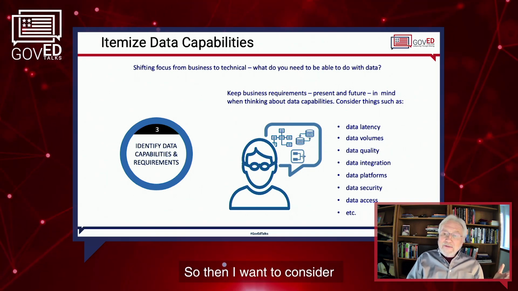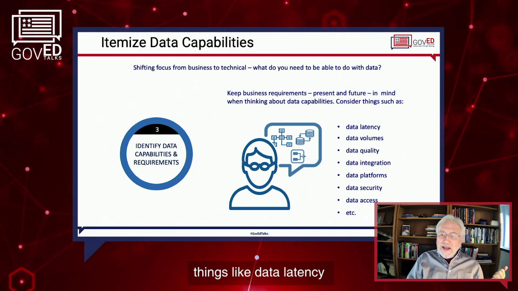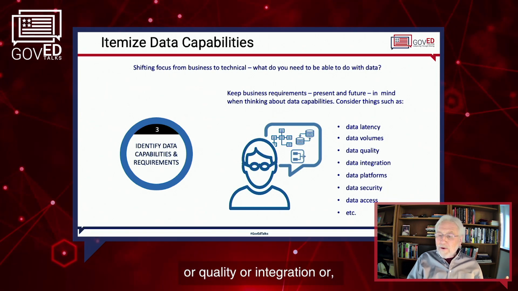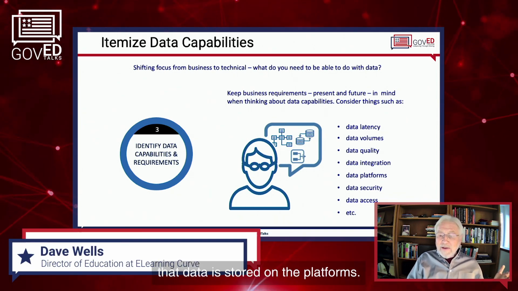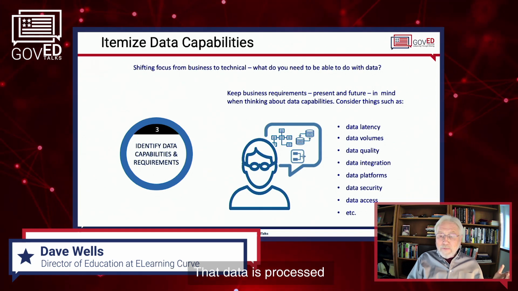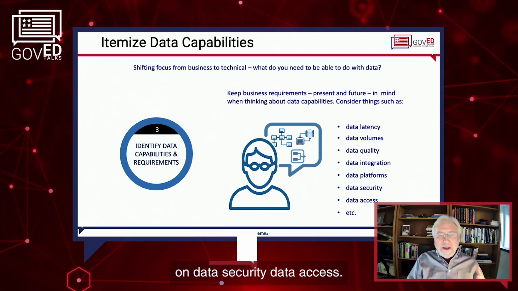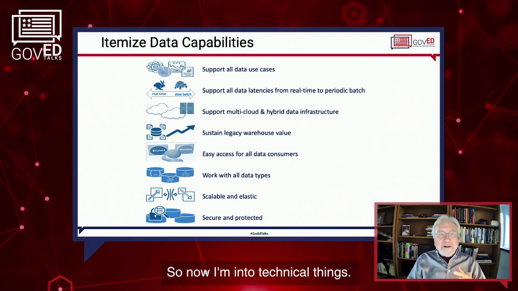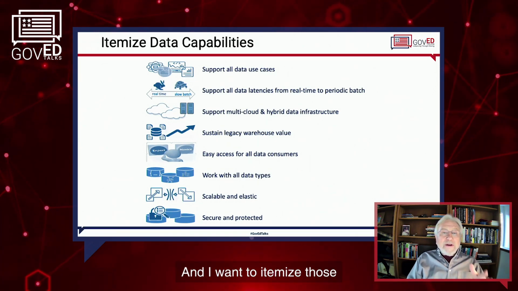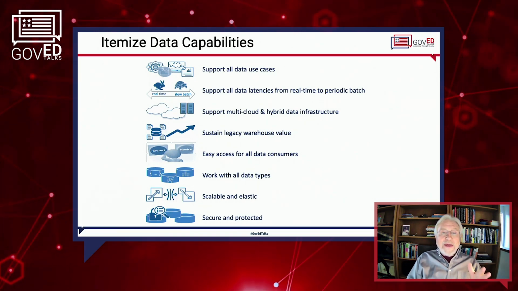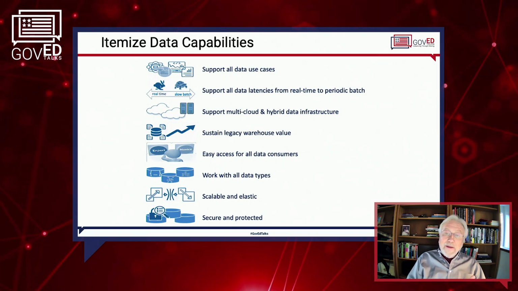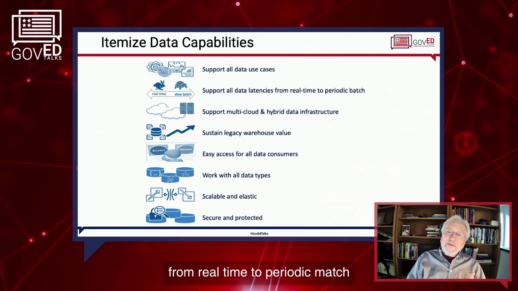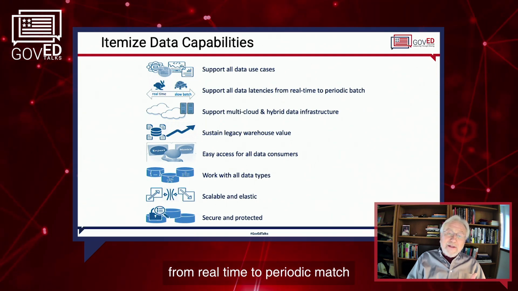So then I want to consider data capabilities, things like data latency or volumes of data or quality or integration or the platforms that data is stored on, the platforms that data is processed on, data security, data access. So now I'm into technical things. And I want to itemize those in very specific terms. Support all data use cases. Support all data latencies from real-time to periodic batch.